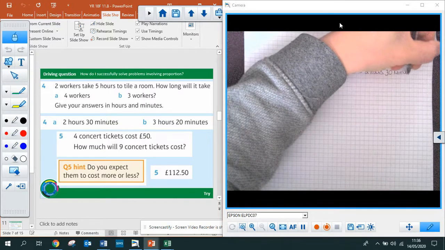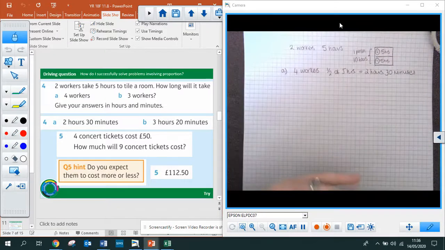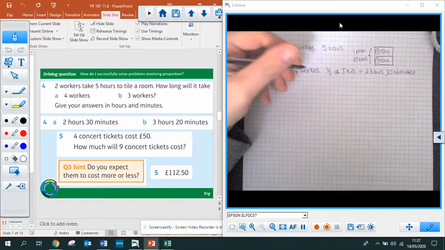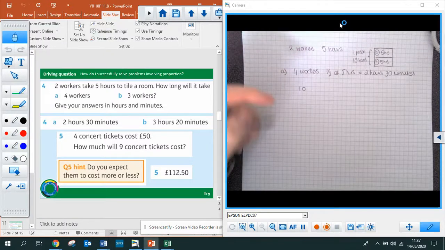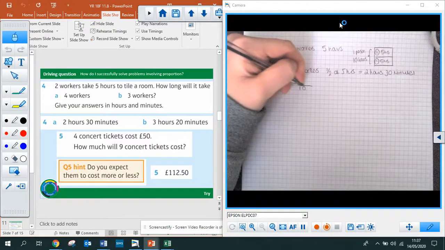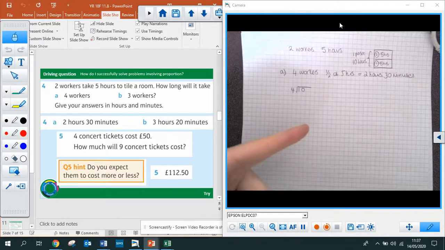You may have followed it doing the way that we've done previously, which will help you for part B as well. So you would have done 10 hours, which is the total amount of time the job takes for one person, divided by 4, because there's 4 people doing 10 hours worth of work.